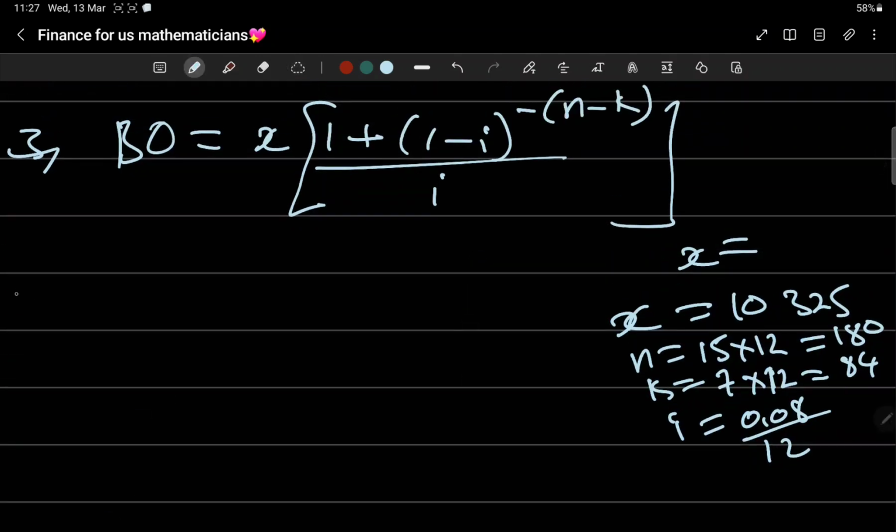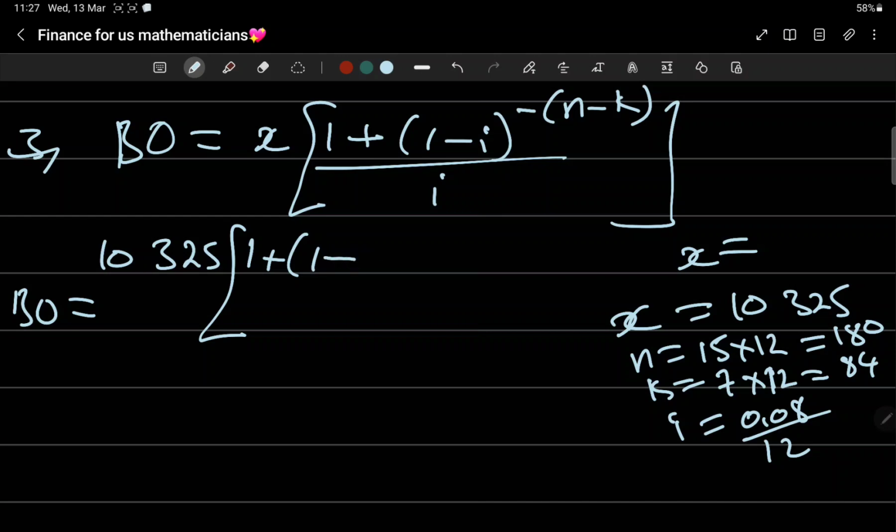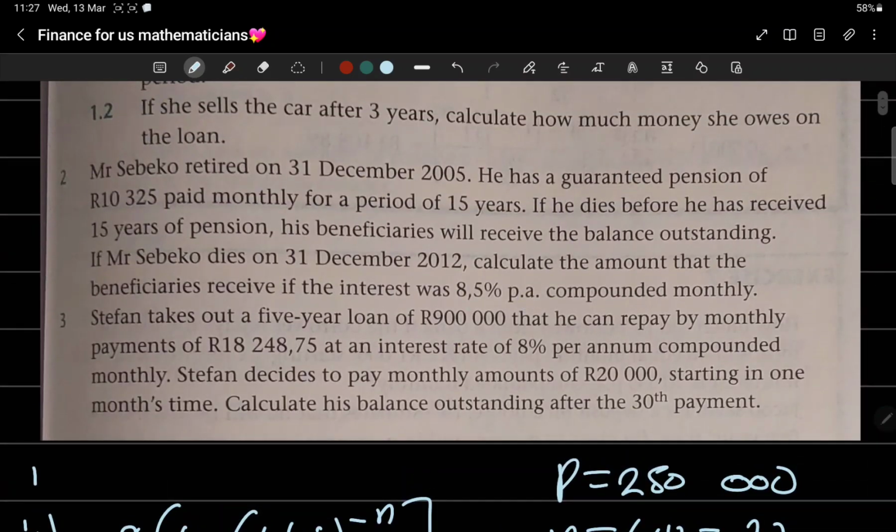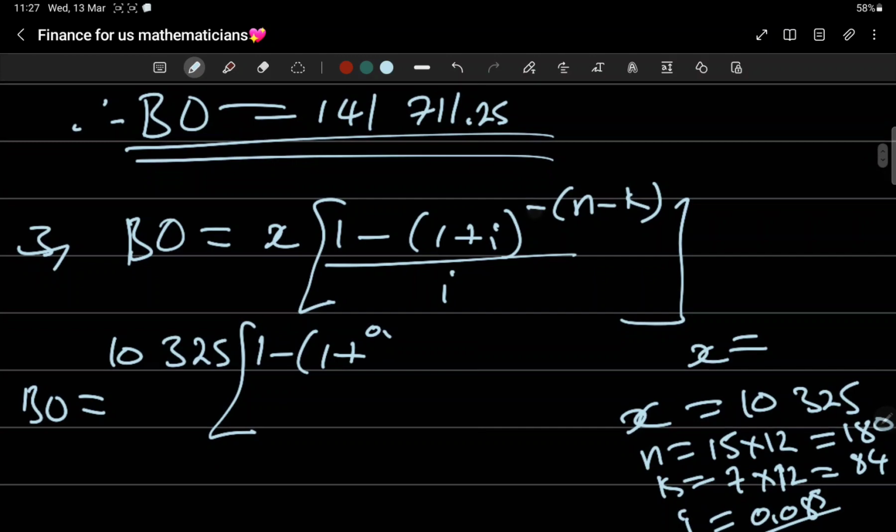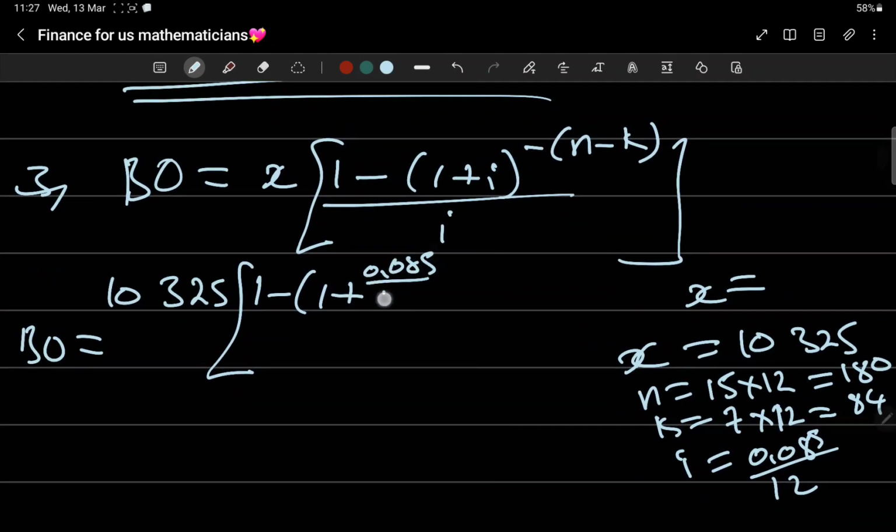So therefore, balance outstanding equals 10,325 times 1 minus (1 plus i), it's 8.5%, so 0.085 over 12, to the negative, total number of payments which were to be made was 180, minus 84 months paid.